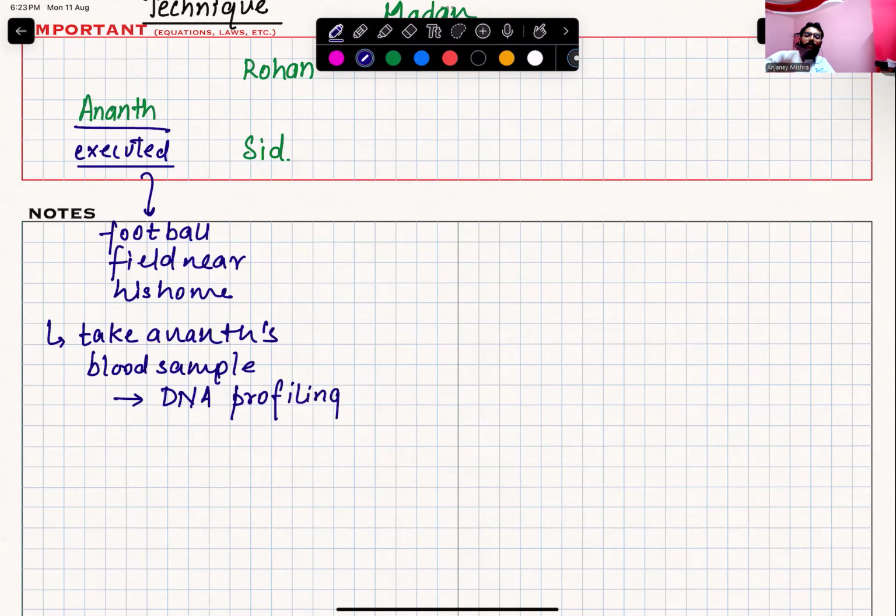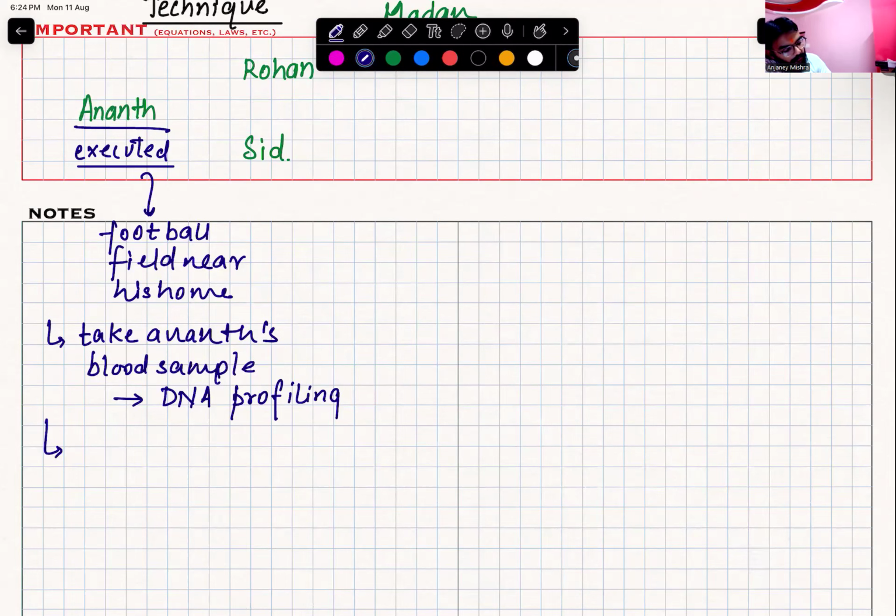And when Anand's body was being checked, Madan found that there is some piece of hair and some piece of skin lodged in Anand's nails, stuck in the hand. Is that okay? Any problem? No. So we will consider this.